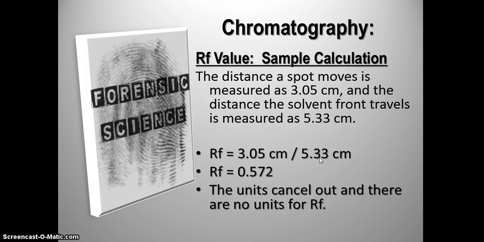If I get my calculator out and divide 3.05 by 5.33, the RF value is 0.572. The units of centimeters cancel out, so there are no units for RF value. It's just a reference value.